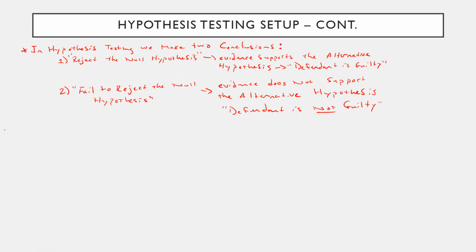So in statistics, do you guys notice in all these examples, I keep saying the evidence, the evidence, the evidence? In statistics, what is the evidence? Let me go back for a second in the slides.